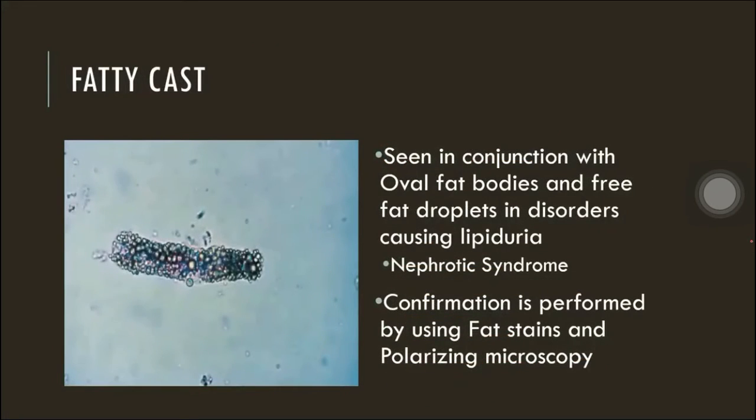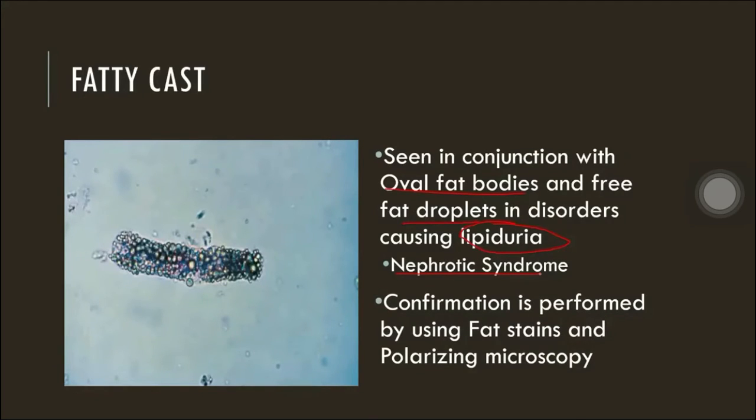Next, we have fatty casts. So, fatty casts are seen in conjunction with oval fat bodies and free fat droplets in disorders causing lipiduria. So again, once na narinig ang lipiduria, dapat isa lang yung papasok sa isip natin, nephrotic syndrome. Okay, so again, nephrotic syndrome is characterized as having abnormal excretion of protein in the urine, increased lipids in the circulation, okay, and increased lipid in the urine specimen.